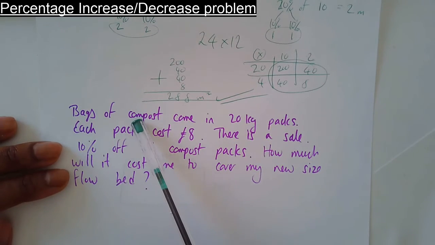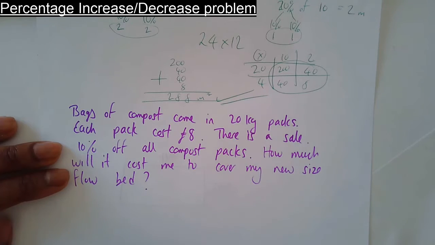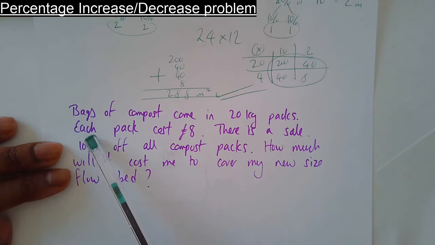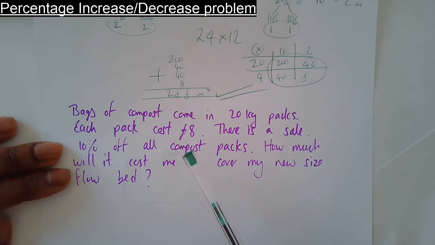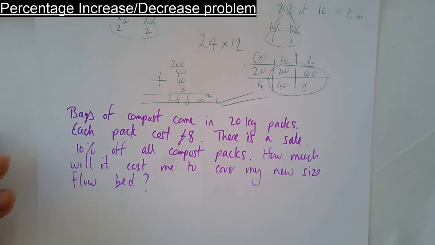Bags of compost come in 20 kg packs. Each pack costs £8, but now there's a sale, 10% off all compost packs. So they're knocking off 10% of £8. How much will it cost me to cover my new size flower bed?